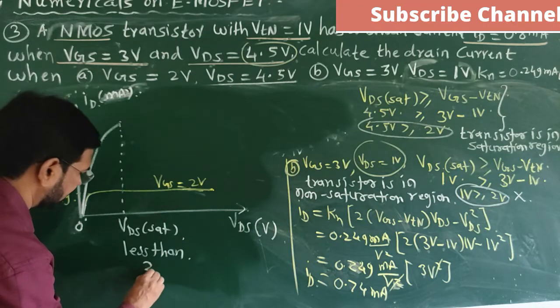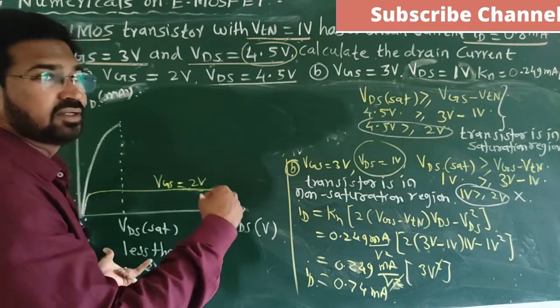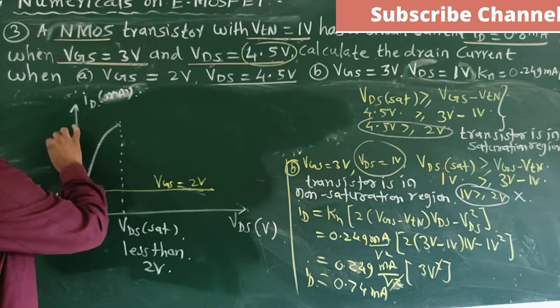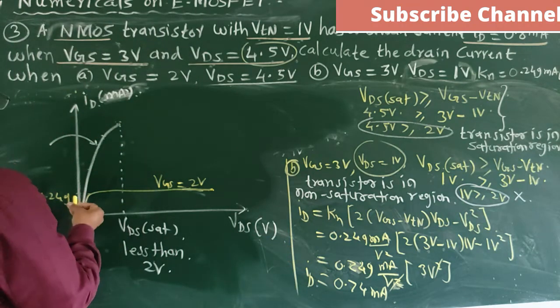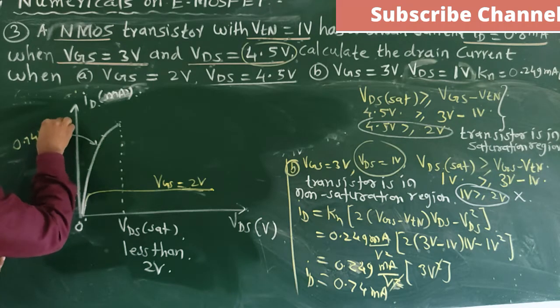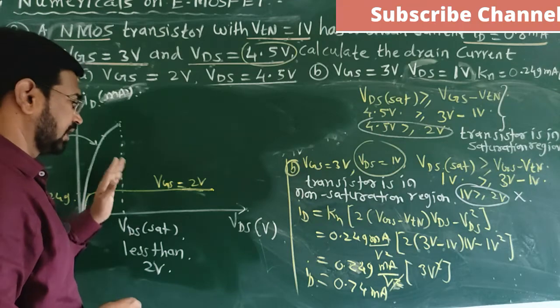The VDS should be more than 2 volt so that it will be in saturation. So, up to this we have the value of drain current. How much is it? 0.74, somewhat higher than this one. So, it is 0.74 milliampere, the drain current. I hope you understood.